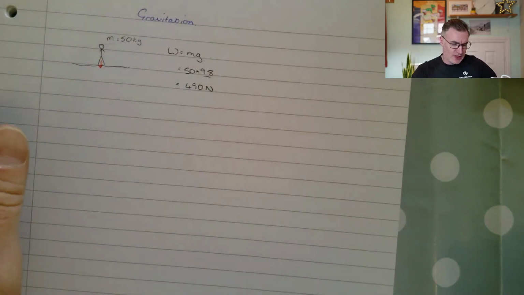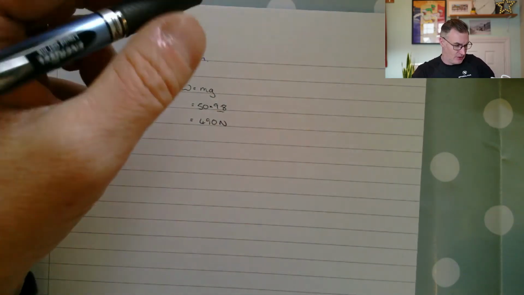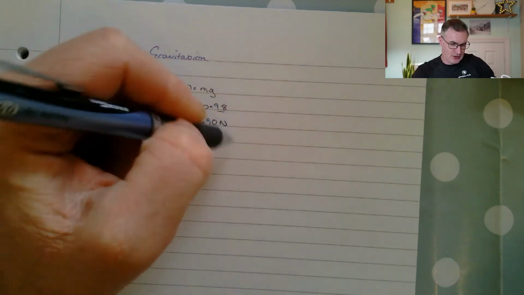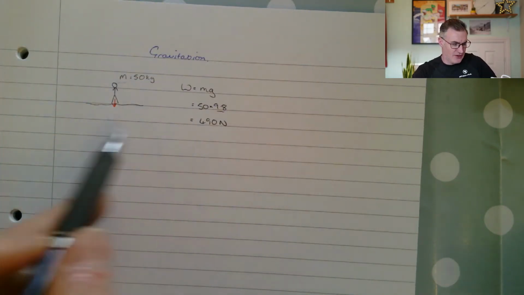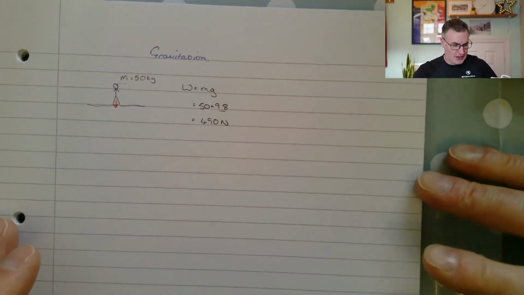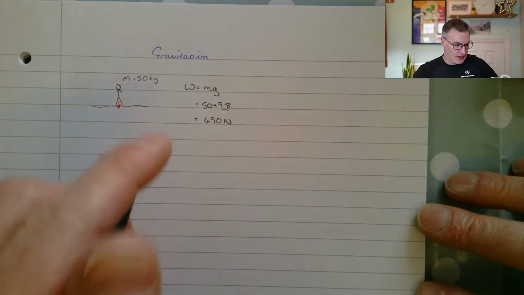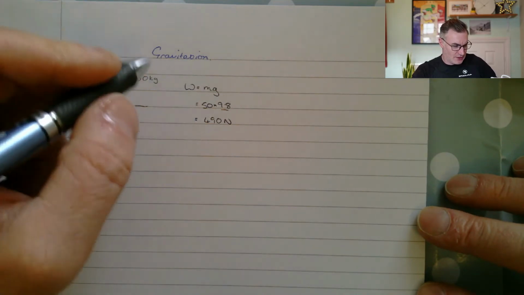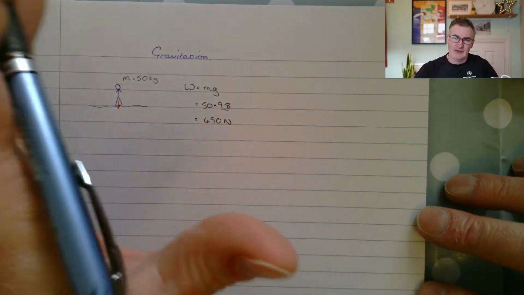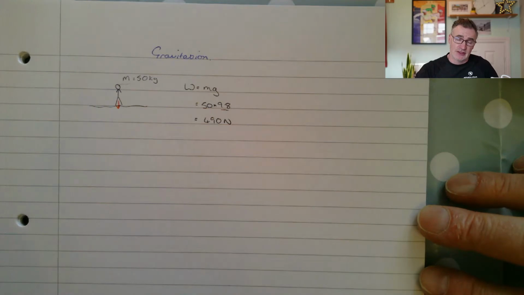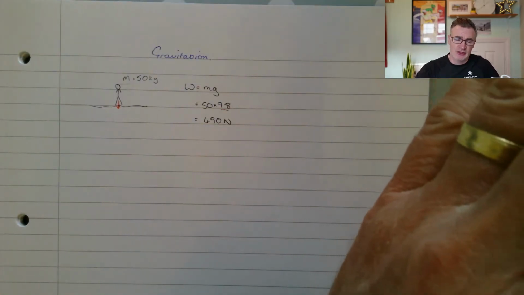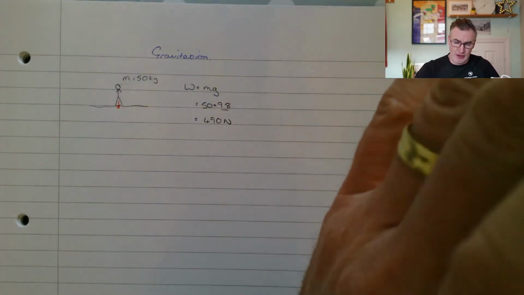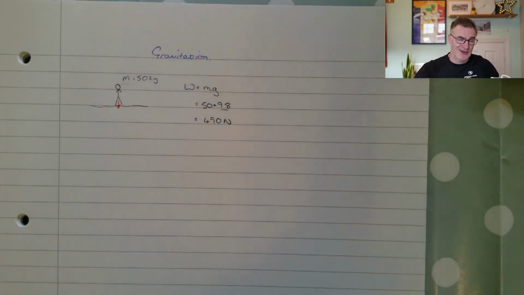Moving on from this, this was our National 5 work. But when we started looking at it in Higher, this formula works, but it only works so far, and the problem is that gravitational fields are not uniform fields. In the electromagnetism unit, between two parallel plates we would have a uniform field, and at any distance between the two plates the force acting on the object would be the same.